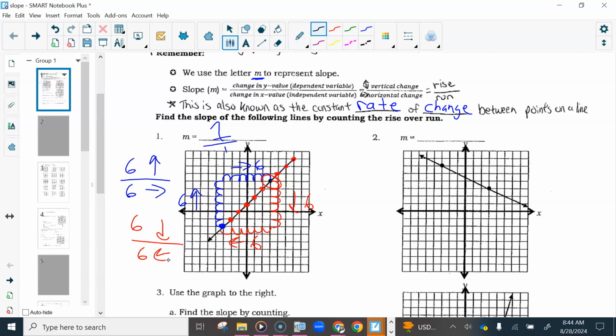So this would make this negative. This would also make this negative. Down and left are negative directions in general. But if I have a negative over a negative, they cancel each other out. It's still positive. So you can go either direction and get the same thing. Questions on that? Okay, go ahead and go get your calculators.